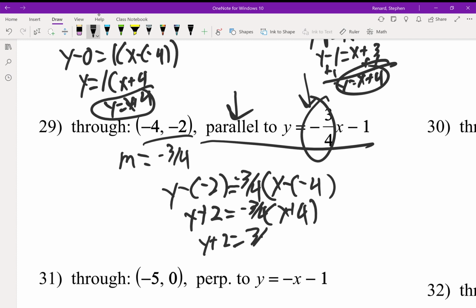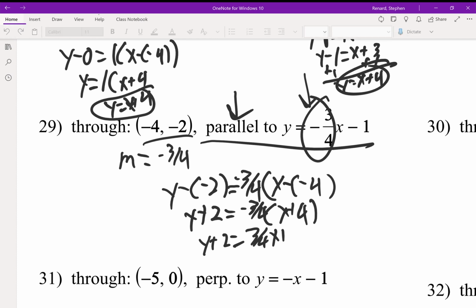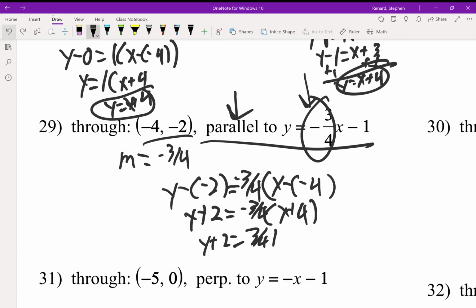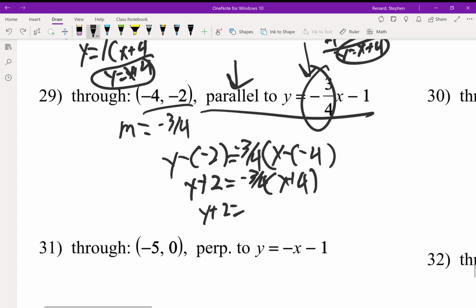So we get negative 3/4 x plus... hold on, make this a little bit neater.